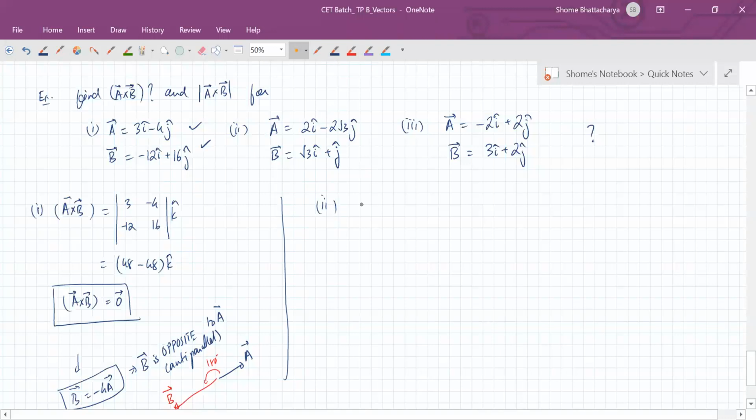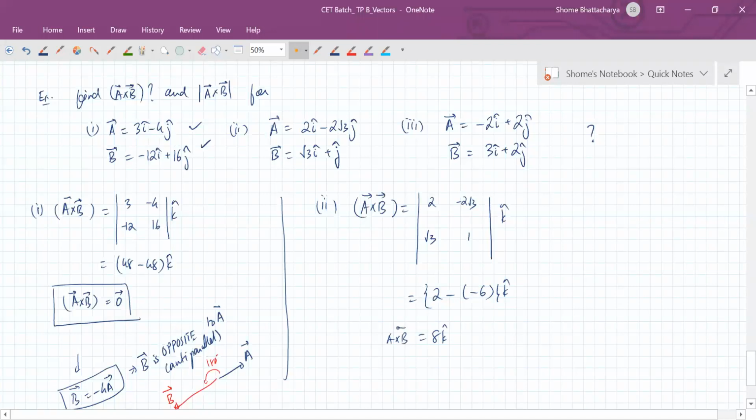Second one, so this will become 2 minus of minus 6 k cap. So it will become 8 k cap.